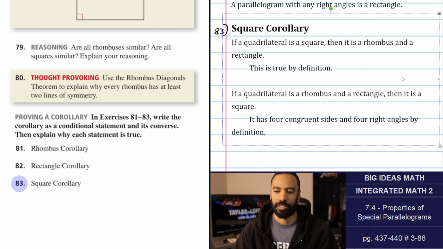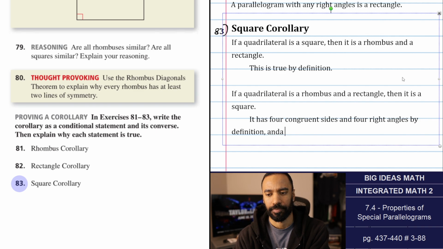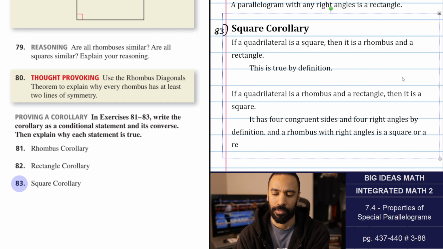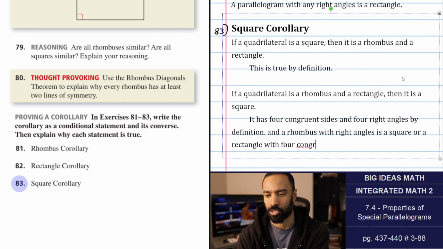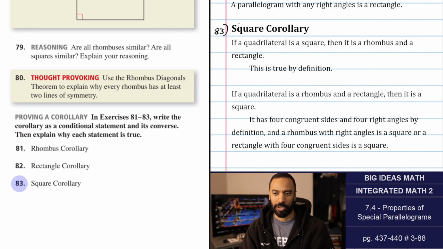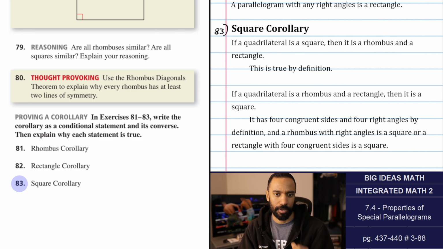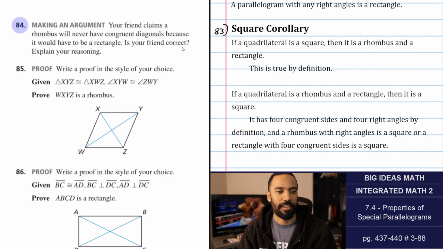If it's a rhombus and a rectangle, a rhombus with right angles is a square, or a rectangle with 4 congruent sides is a square. I'm not great about explanations, y'all. I can verbally explain it better than I can type them out, but I'm just not great with them in general. All right, 5 more.